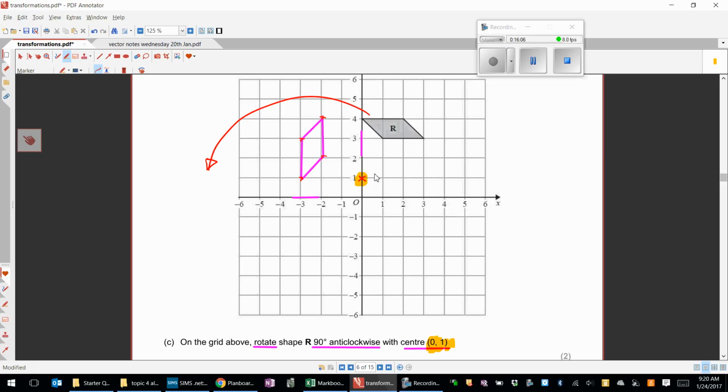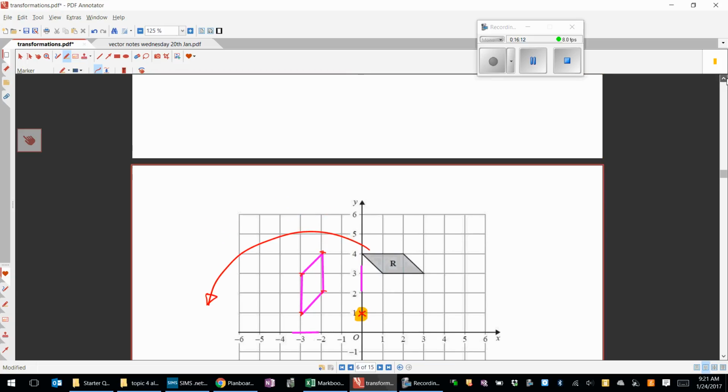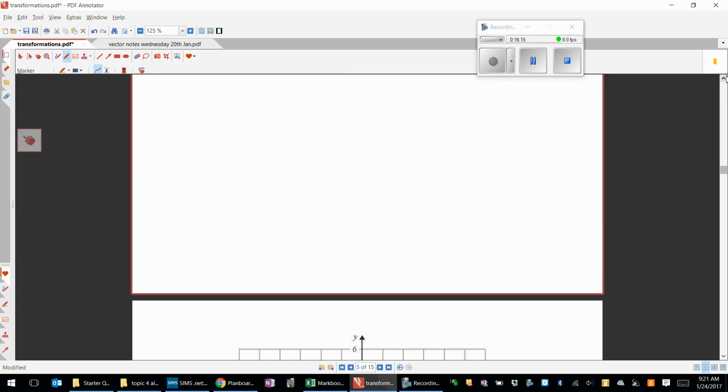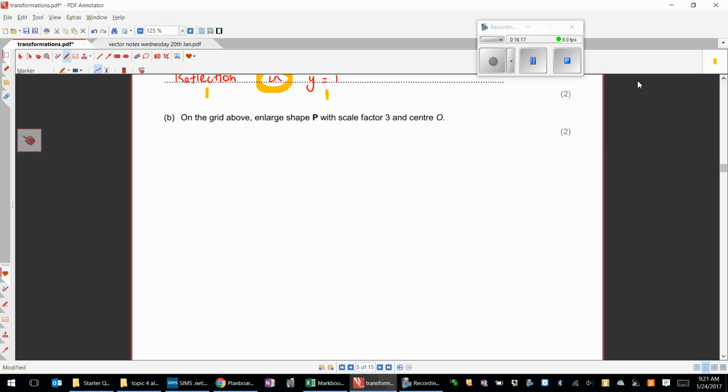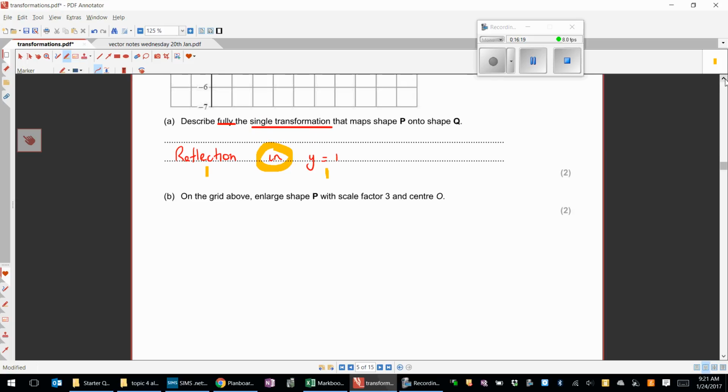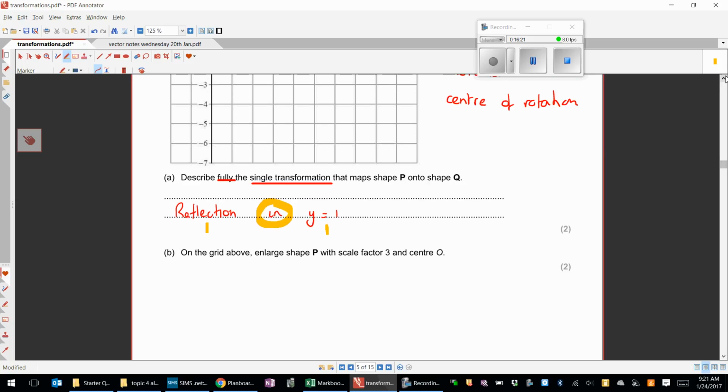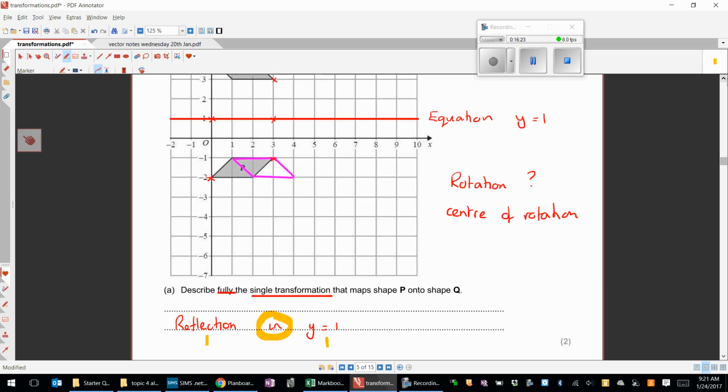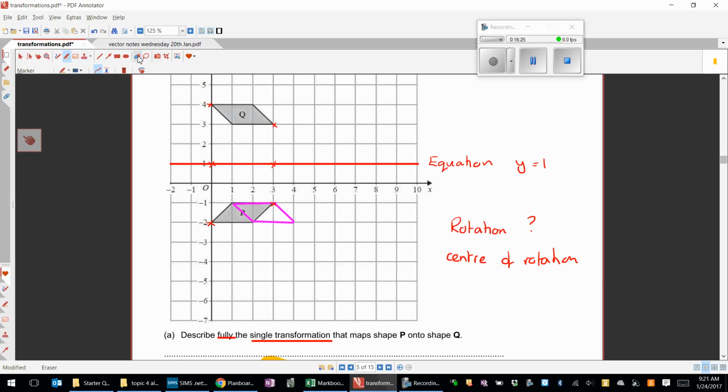Okay, let's go back to the previous bit because we've had a look at rotation, but now it says, for the previous one, where we did our reflection, right? But the next question says about an enlargement.